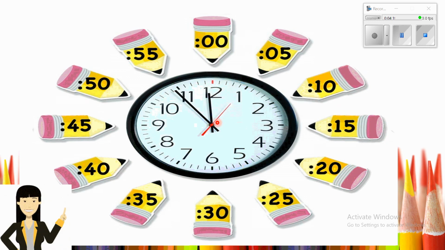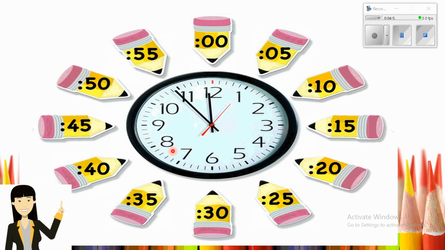Minute hand on 6, it's half past. Again, minute hand on 12, it's o'clock. Minute hand on 6, it's half past. So the first level is o'clock. The second level is half past.